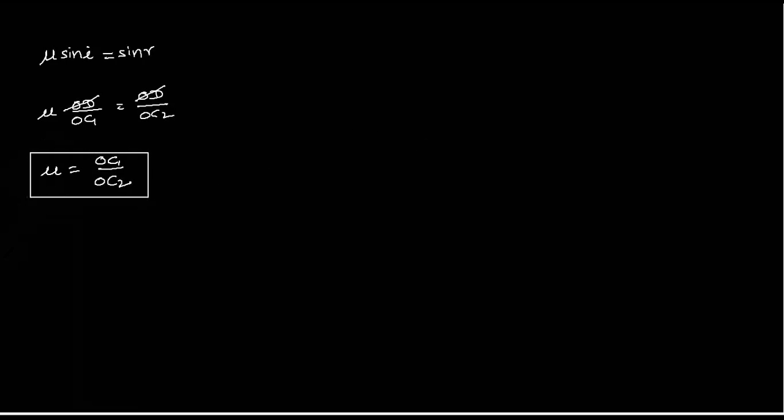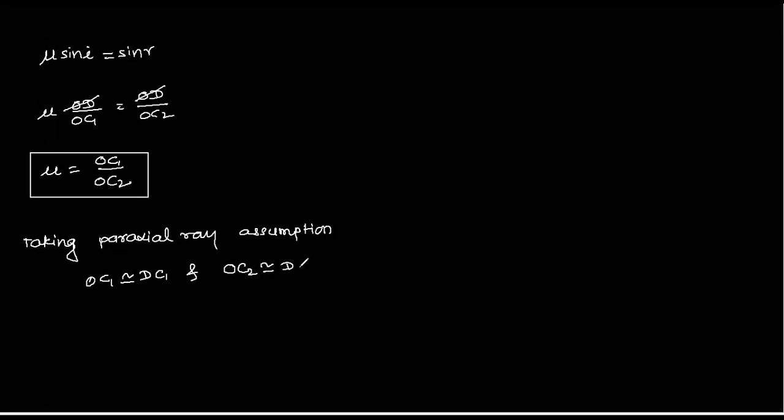Next, taking paraxial rays assumption, OC1 is nearly equal to DC1 and OC2 is nearly equal to DC2, then you are getting mu is equal to DC1 by DC2.